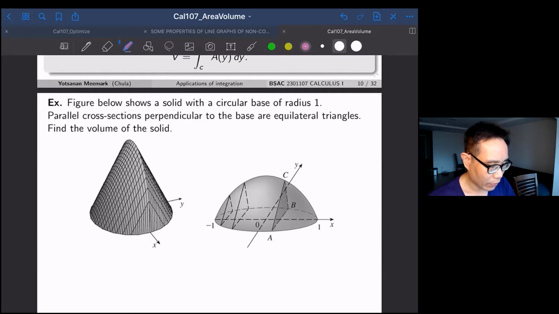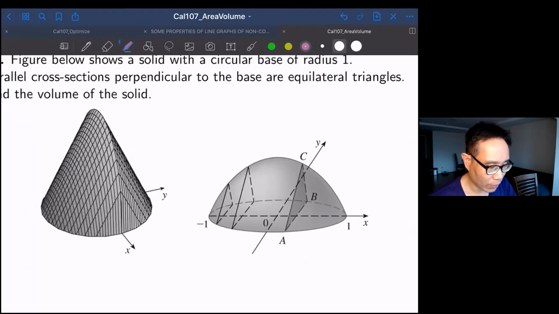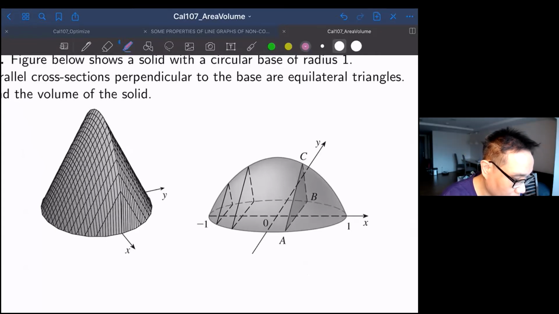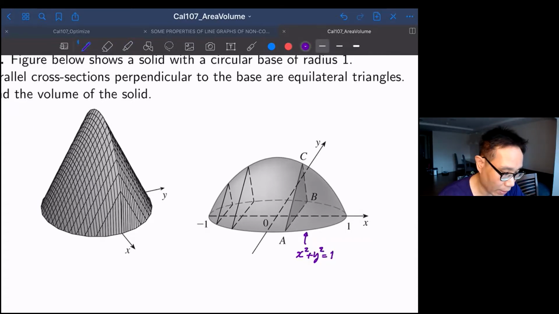The base of your solid in 3D is a circle, and you know this has equation x squared plus y squared equals 1, which is a unit circle.